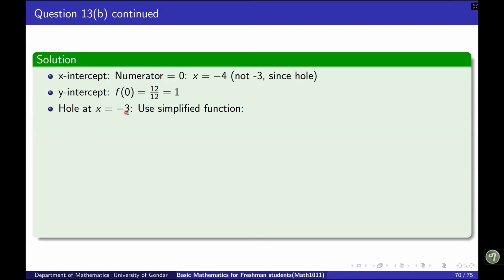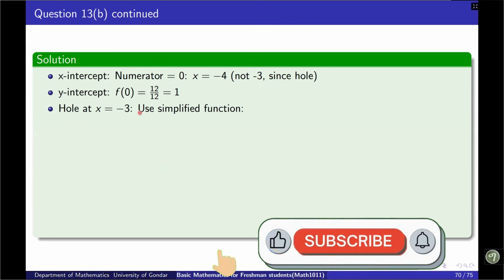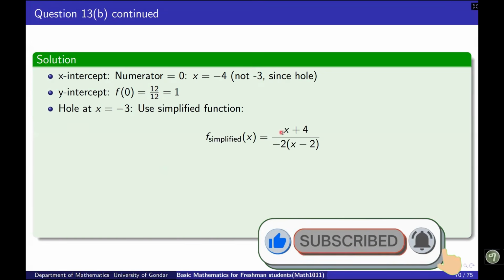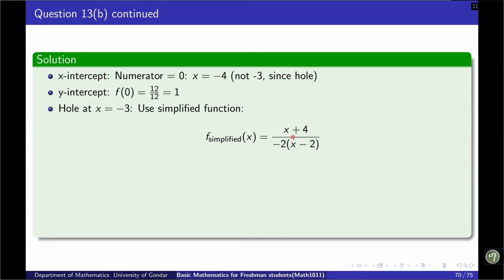And for the hole at x equal to negative 3, using the simplified form, when x plus 3 is cancelled, we find that f of negative 3 in the simplified form is negative 1 over 10. Therefore, at (negative 3, negative 1 over 10) there is a hole in the graph of the given function.